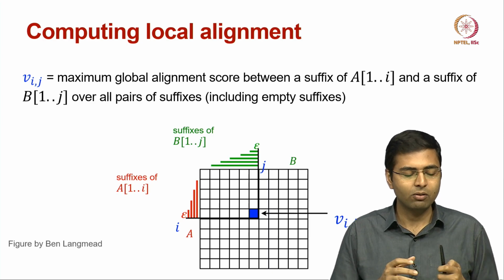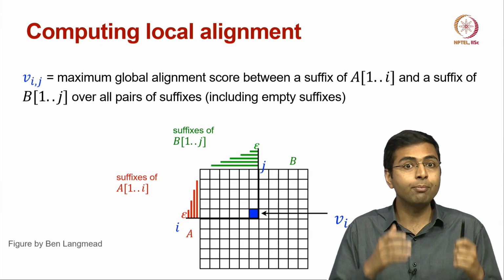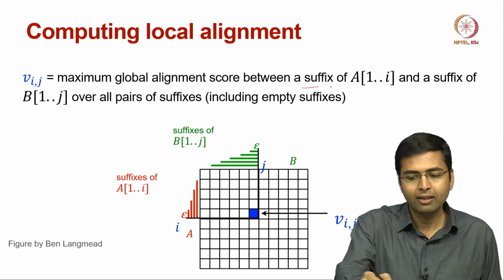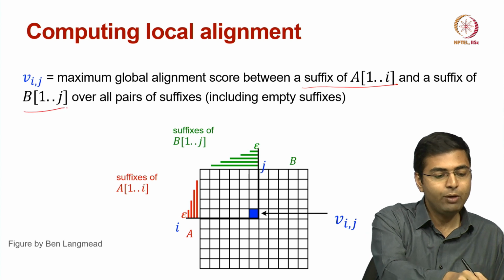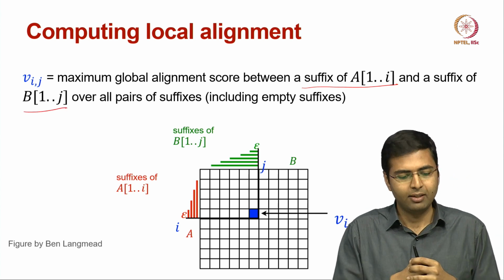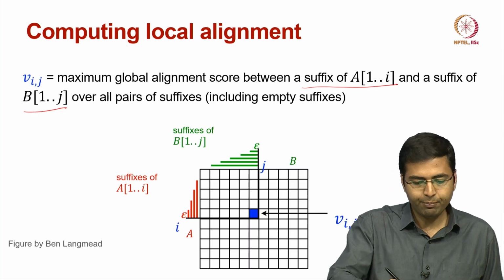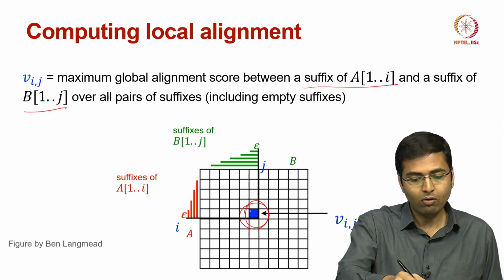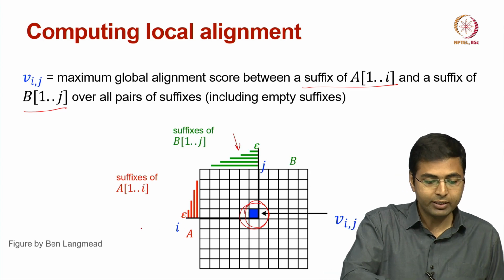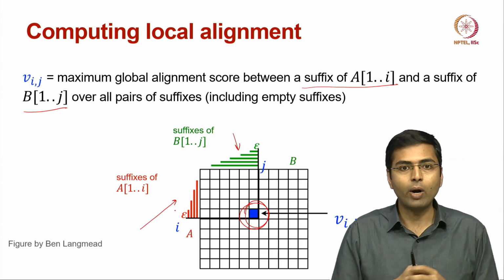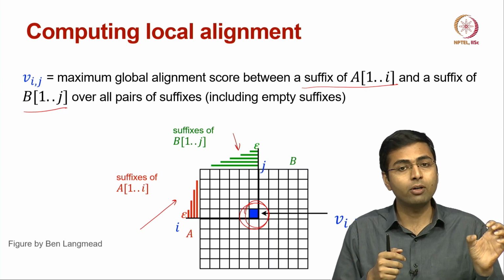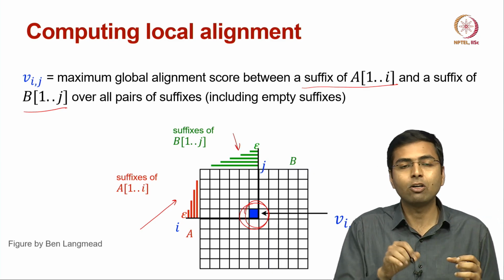Remember that v_ij is the maximum global alignment score between a suffix of a_1 to i and a suffix of b_1 to j, over all pairs of suffixes. So, while computing v_ij, I have to consider all possible suffixes of b_1 to j and all possible suffixes of a_1 to i, and depending on which pair gives me the maximum alignment score, I define my v_ij accordingly.